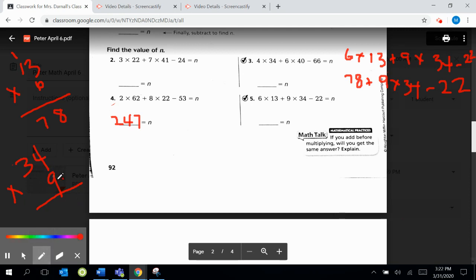Okay. 9 times 4 is 36. 6, and it's 3. And then 9 times 3 is what? 27, right? 27, 28, 29, 30.